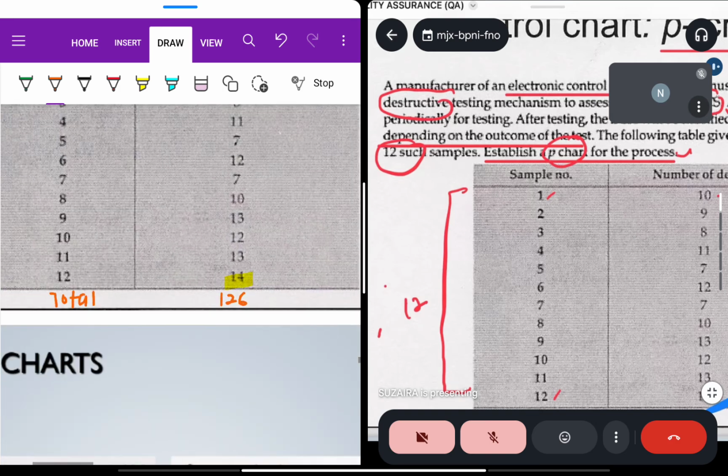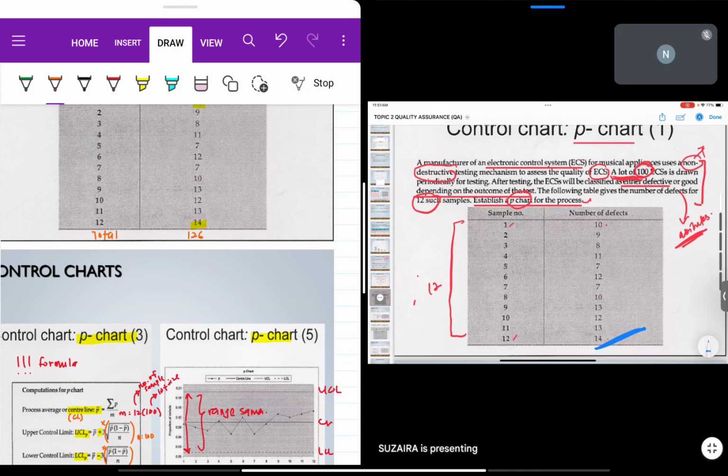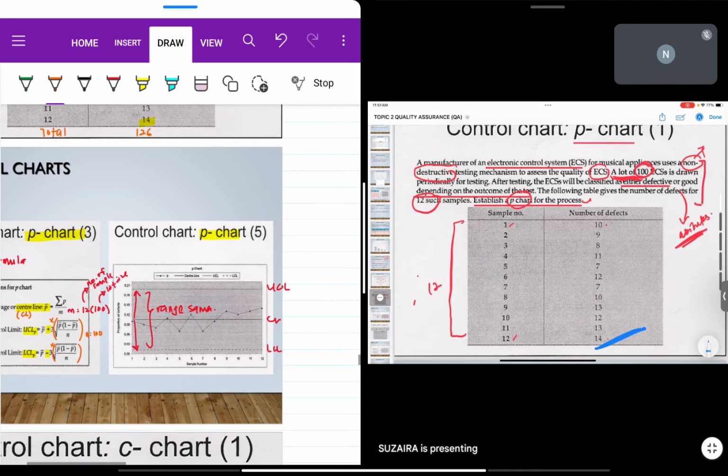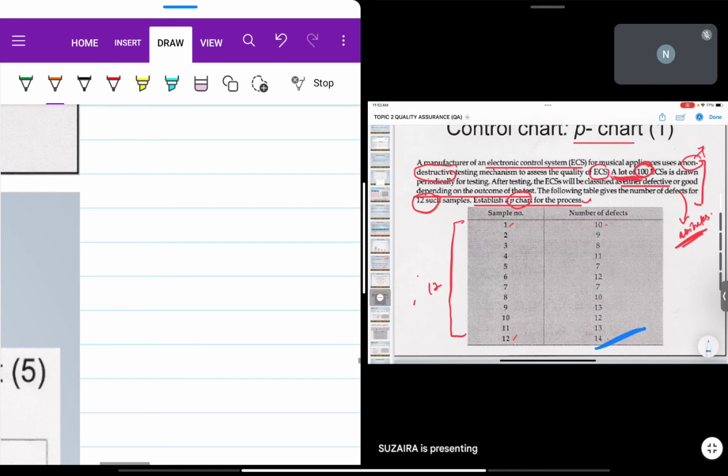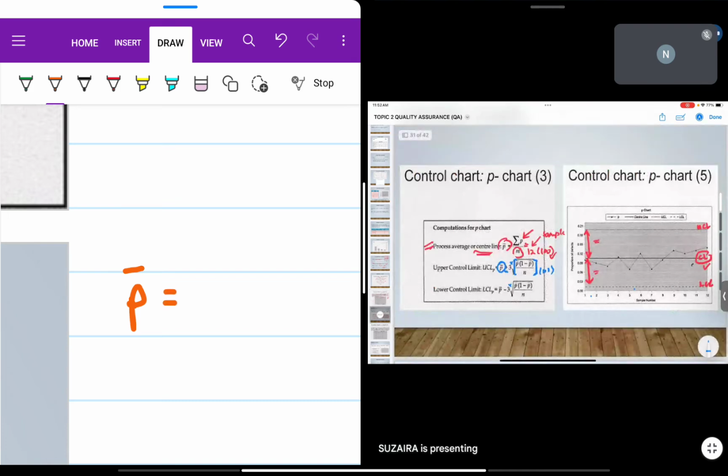And then, to calculate the P bar, just now we have it here.